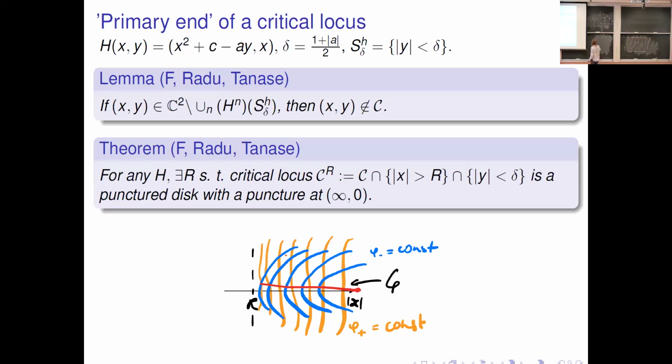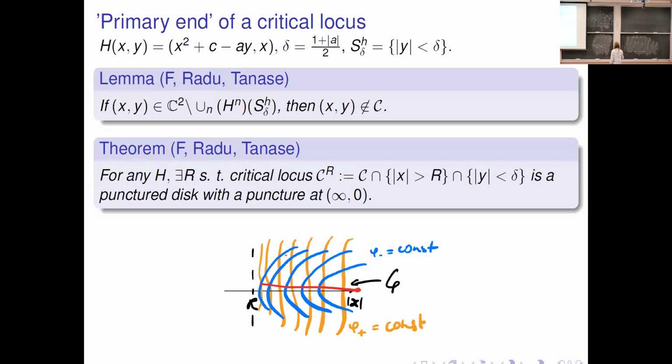So what the lemma says is that I can take a strip of a certain size, and this size is determined by the Jacobian. I can take this strip and its images and pre-images. And outside, there is no critical locus. Very simple calculation.